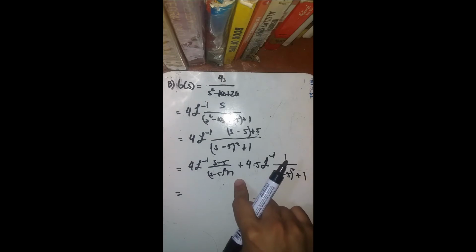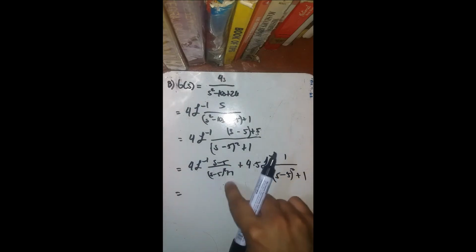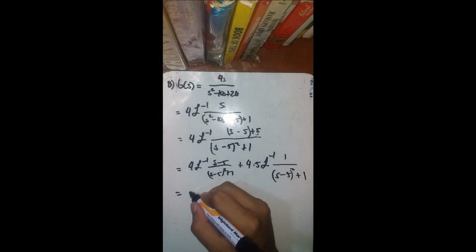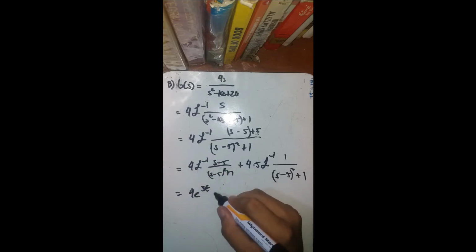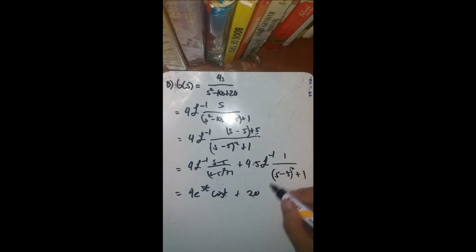And here, this will become your cos t because we have here the same of your s. Okay, so the final answer here will be 4e raised to 5t cos of t plus, this will become your 20 e raised to 5t, the shifting times your sine of t. This will become your final answer for your letter B.